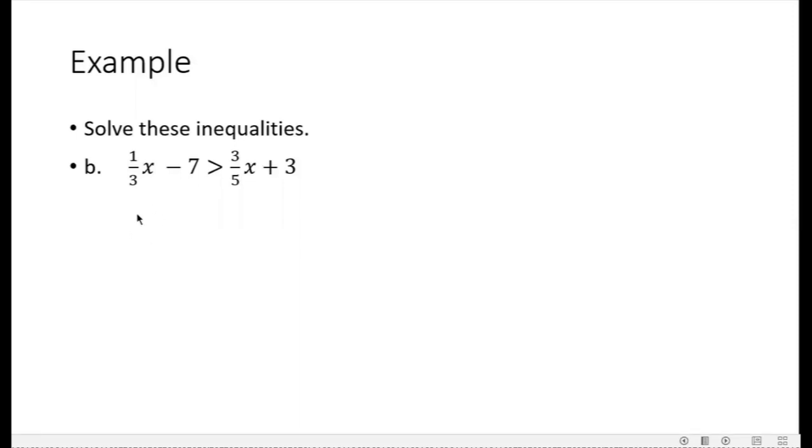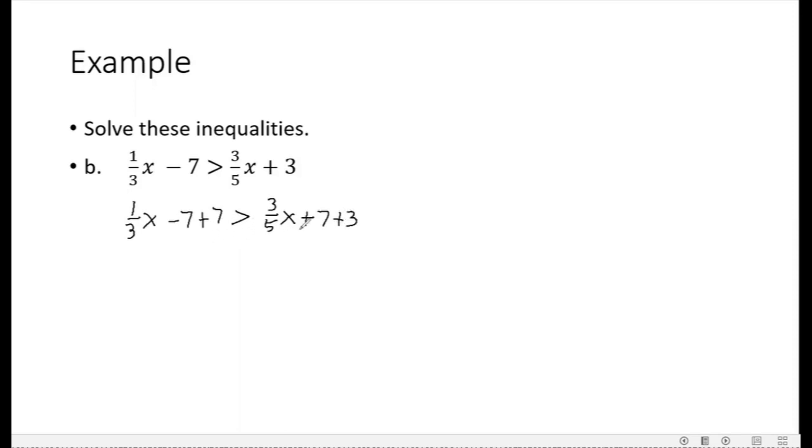Okay, next, letter B, we have 1/3 x minus 7 is greater than 3/5 x plus 3. So what we will do is, on the left and right side, add plus 7. Bring down 1/3 x, minus 7 plus 7, greater than 3/5x plus 7 plus 3.